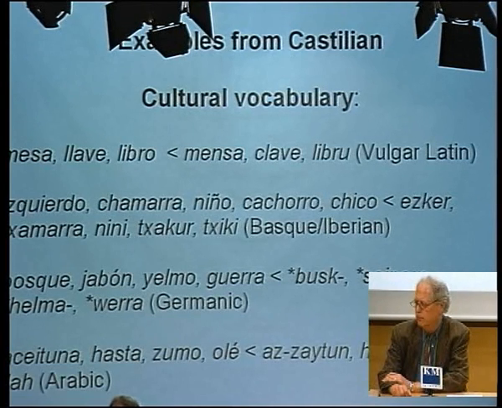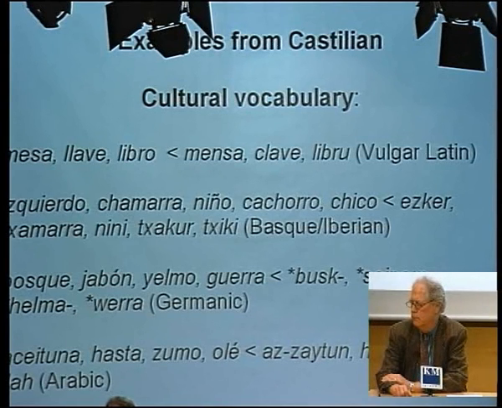Another group, bosque, jabón, yelmo, guerra, come from Germanic, various waves of Germanic people who invaded or lived in Iberia.